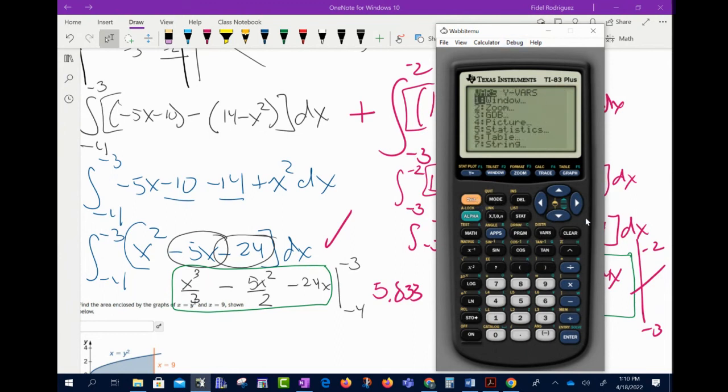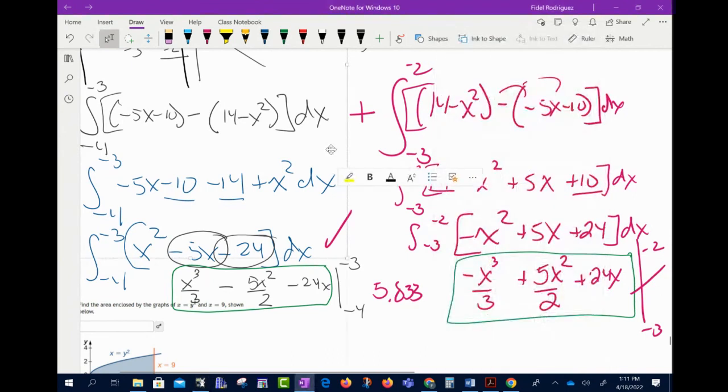And now again, I'm going to go my y bars, and we're going to go from -3 to -2, right? And I'm coming up with a negative 5 point, a whole bunch of 1.6666 like that. So right here, I'm coming up with a negative 5.16667, something like that.